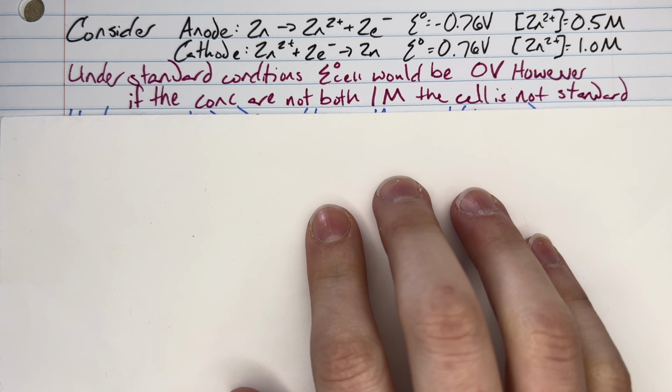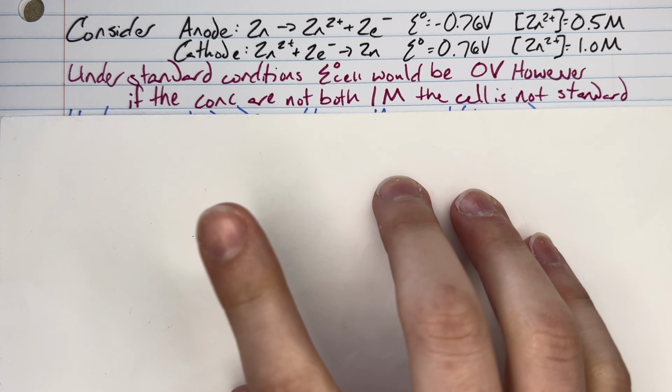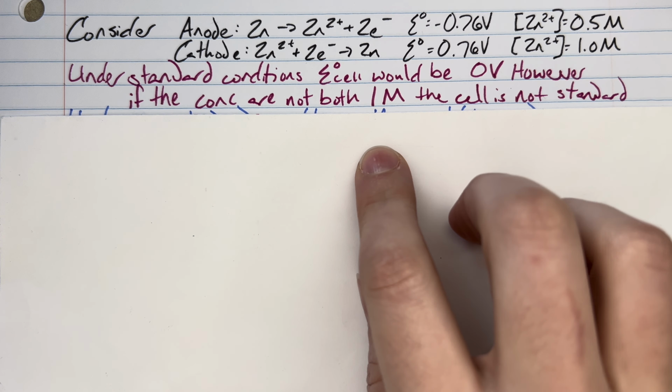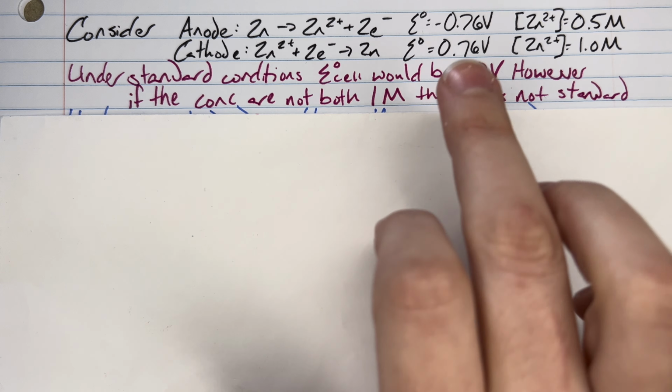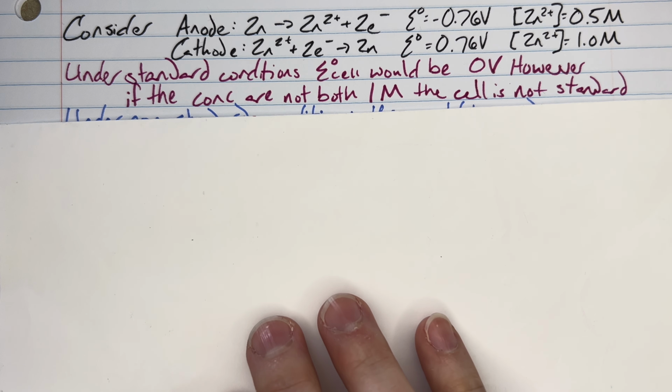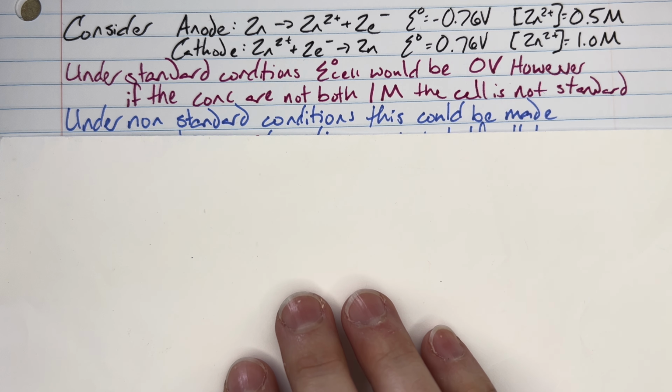However, the concentrations are not both 1 molar, so the cell is not standard. So we would not be utilizing the traditional comparison of the E naught values. Instead, we would need to be utilizing the Nernst equation.